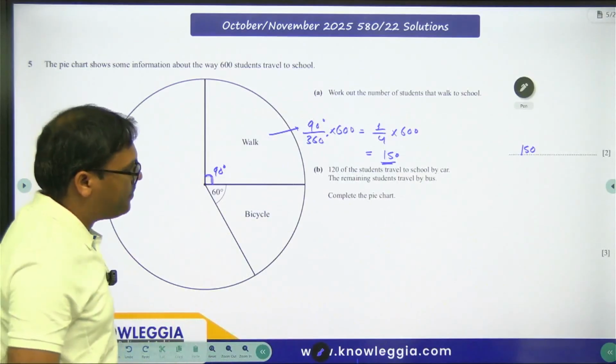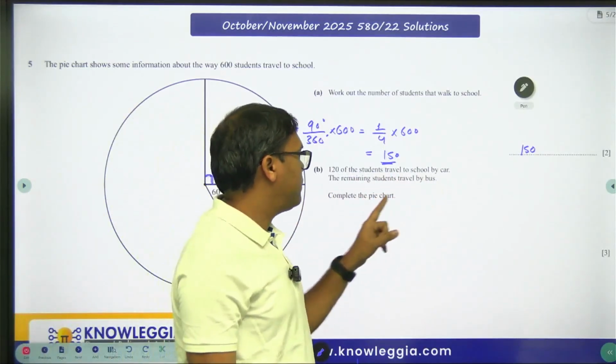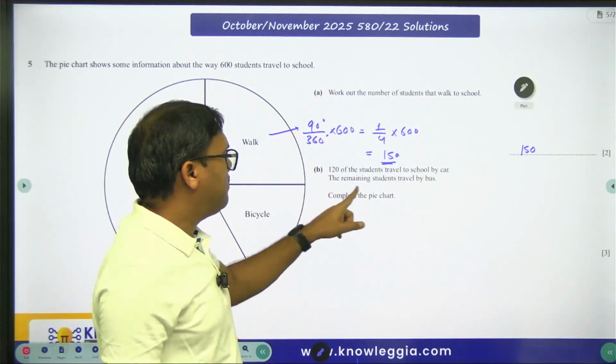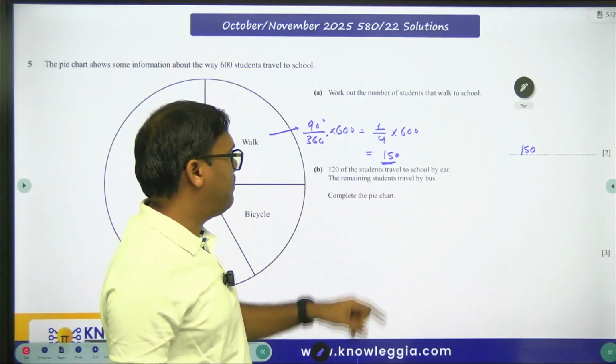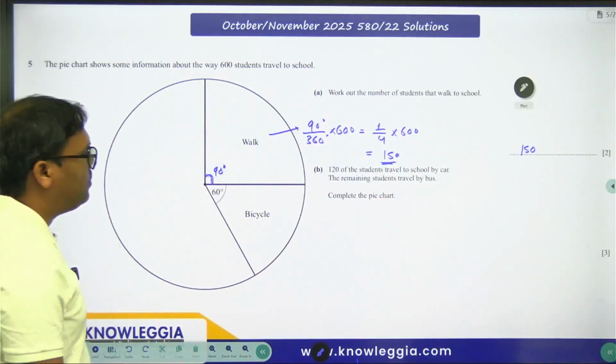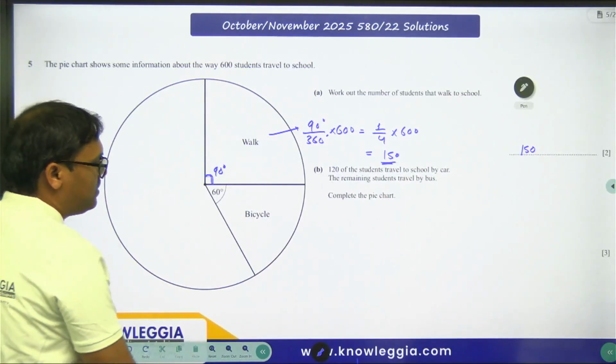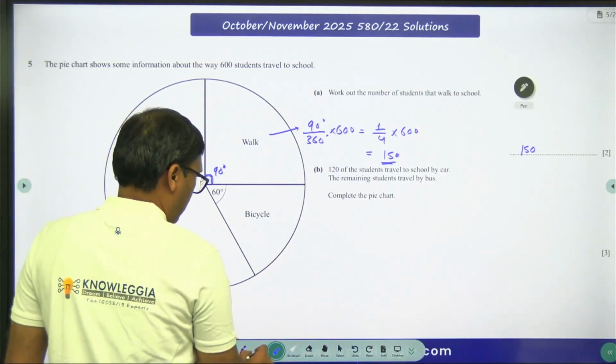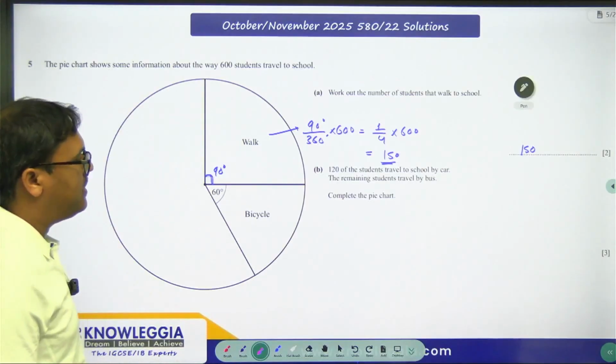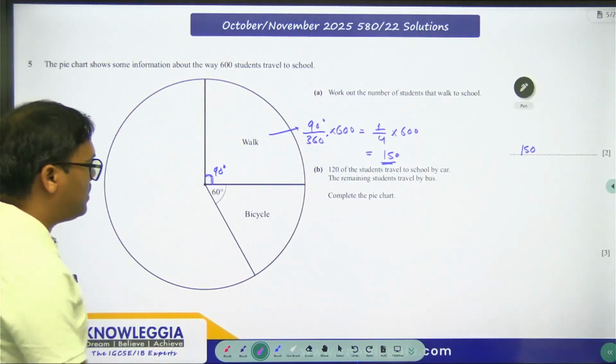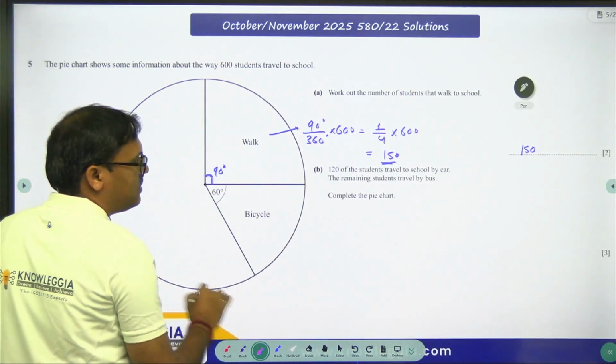120 students travel to school by car. The remaining students travel by bus. Complete the pie chart. Okay. So 120 travel by car and the remaining travel by bus. First, what is this 60 degrees?